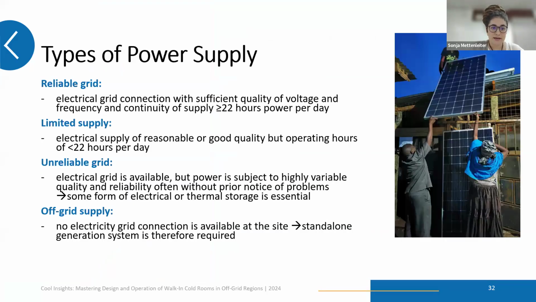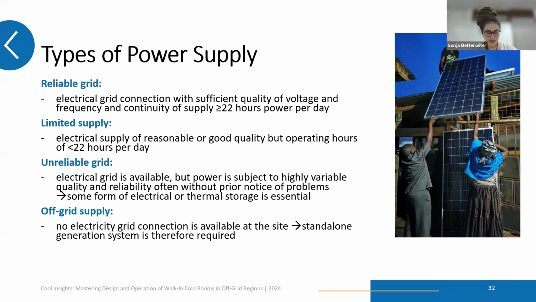Then the power supply. There are different ranges of power supply. The first is the reliable grid, where a grid connection at the location is available with good quality, and is available 24 hours at best, but at least 22 hours per day.